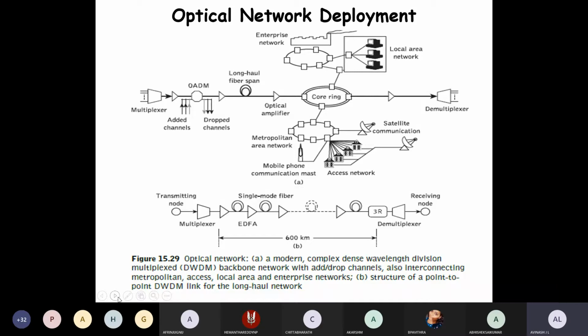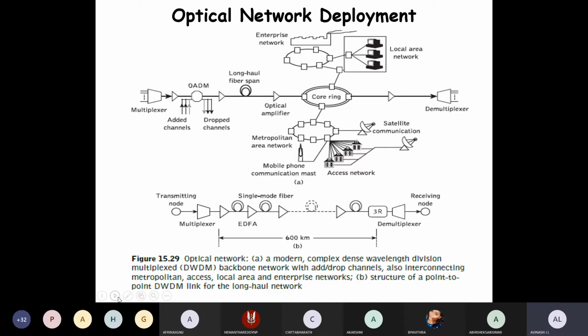In the core ring, ring router, passive connected, you can take into consideration. In the core ring there may be an enterprise network present, or may not be present. There is a connection routing to different LANs or metropolitan area networks, so we are able to route the data. That is exactly the concept. After that it will go into a demultiplexer for the destination. In between also you can take the data. That is called optical network deployment.